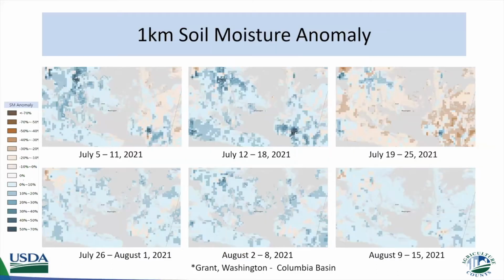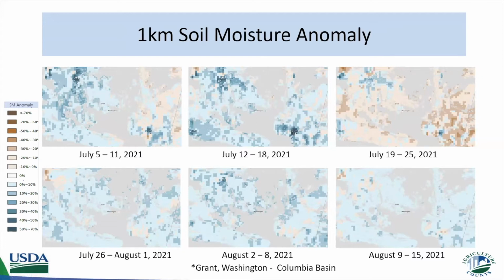And from the soil moisture anomaly, we will see this is the dry period, from the 5th week, 12th week, and before until the August 15th week.